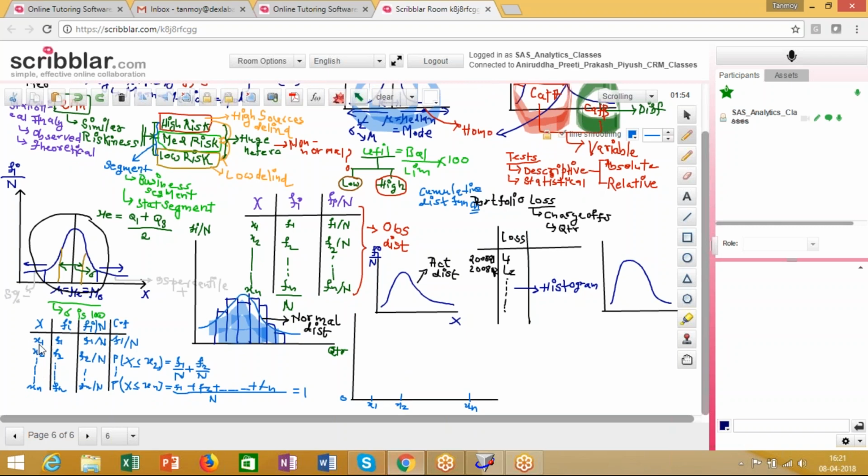The first value that it starts off with is x1. Therefore it is not possible that x will take a value less than equal to x1 or less than x1. So therefore the probability is 0. This is your relative frequency distribution or Fi by n.